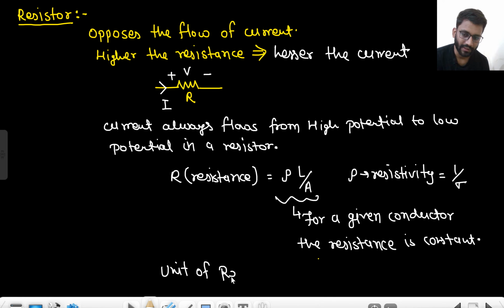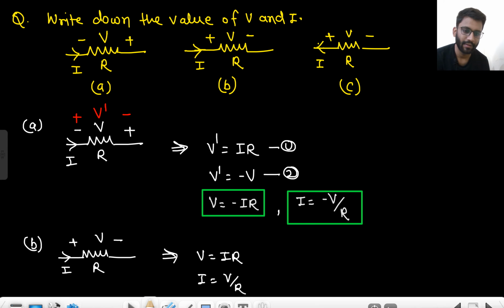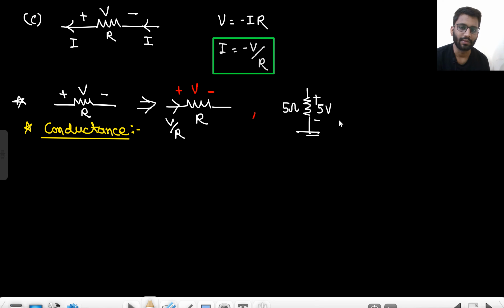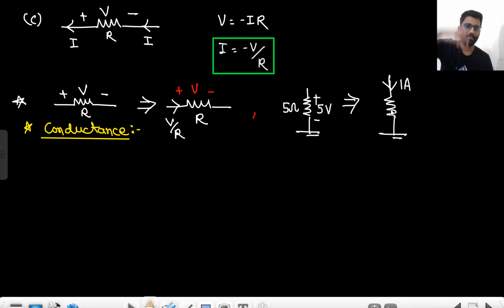So the unit of resistance is ohm. This is 5 ohm there. So what will it be replaced with? Current will always flow from upward to downward. So what will be the value of current? V by R. So 5 by 5, 1 ampere. 1 ampere current is flowing from up to down.